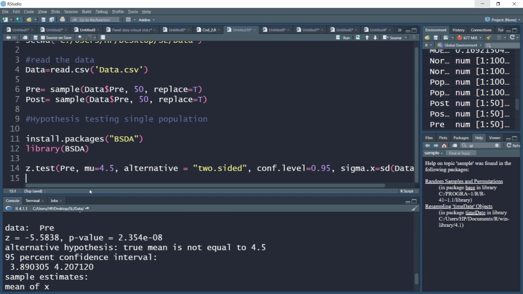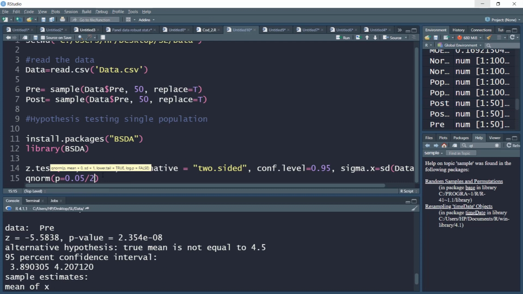Now, if I am going ahead with the critical value method, I need to compute the critical value. For that, I will run this qnorm command, which will provide me with the appropriate statistic using the standard normal distribution. And for that, I need to provide the appropriate probability, which is 0.05 by 2. Why am I using 0.05 by 2?